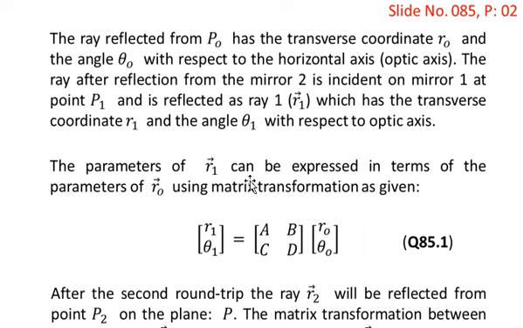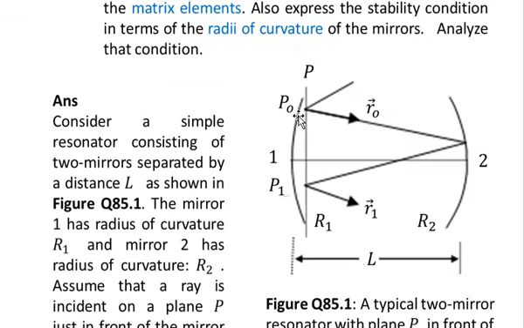The parameters of R1 can be expressed in terms of the parameters of R0 using the matrix transformation, that is for one round trip, because the one round trip will complete when the light leaves the point P0 and is reflected from point P1. So this will form one round trip.